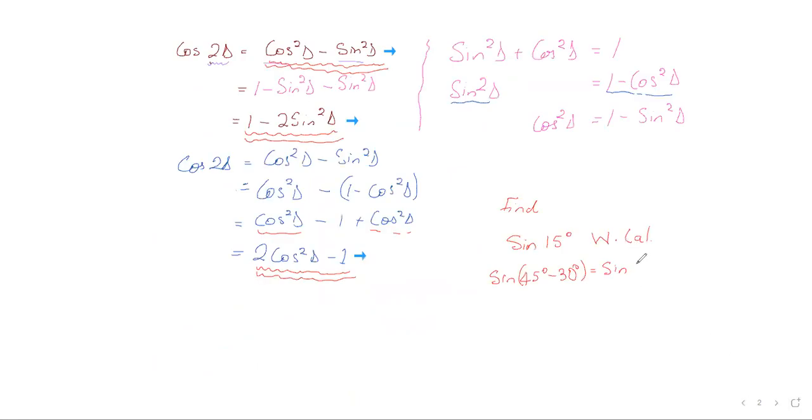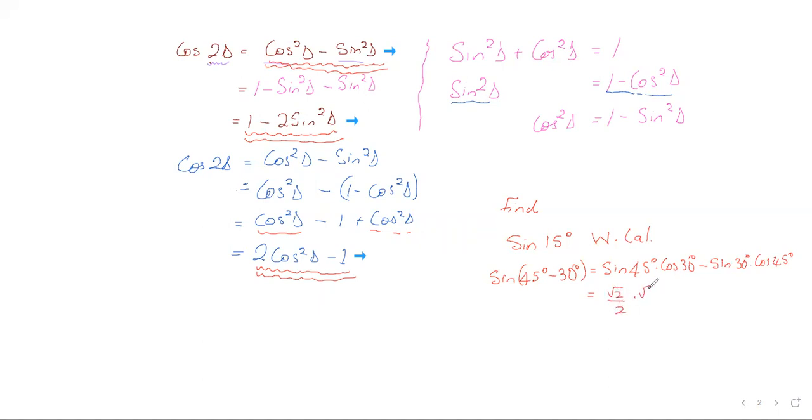That will be the sine of 45 multiplied by the cos of 30, minus the sine of 30, the cos of 45. That gives you the sine of 45. You know, it's root 2 over 2.